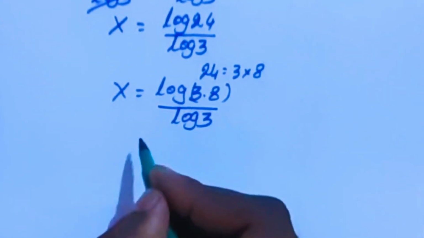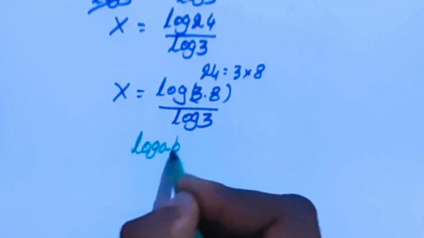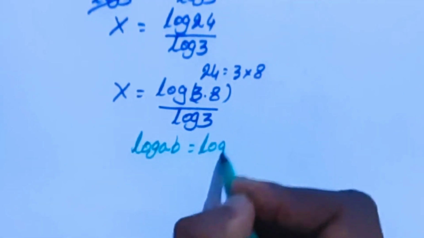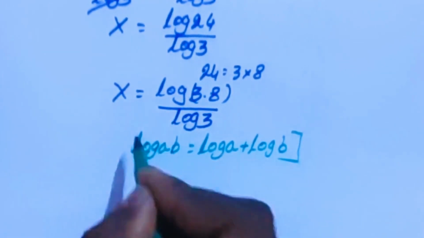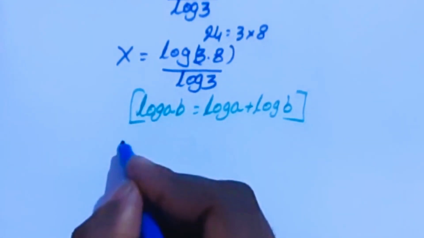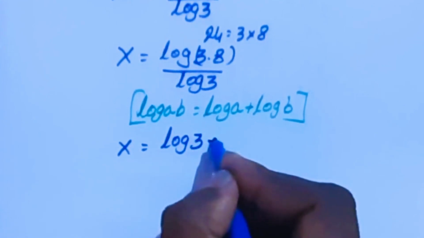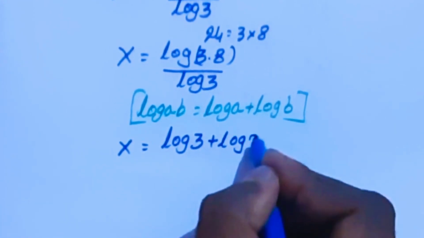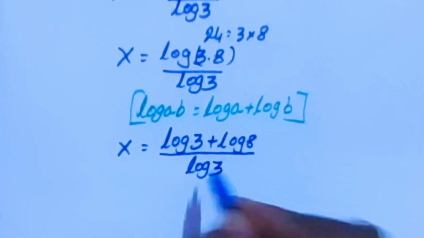Now we are going to apply this log product formula, that is log ab equal to log a plus log b. This formula we are going to implement here. So x equal to (log 3 plus log 8) whole divided by log 3.